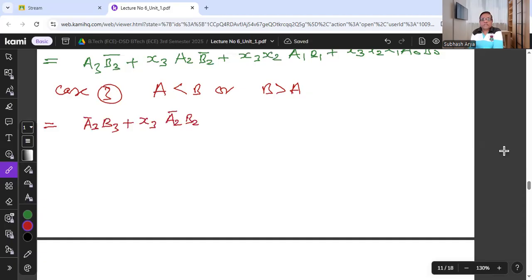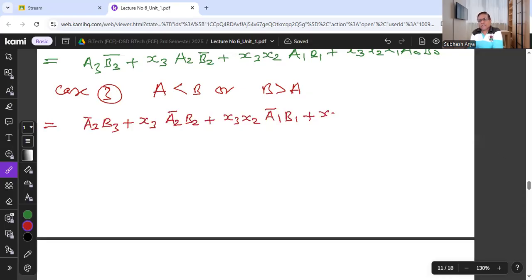Even if these two bits are equal, then we compare the third bit, provided that we capture this information through X3, X2, and then A1 bar B1. Then only we can say B is greater than A. And lastly, the last bit comes when all three higher bits are equal.